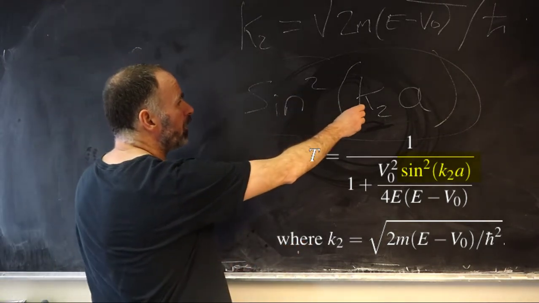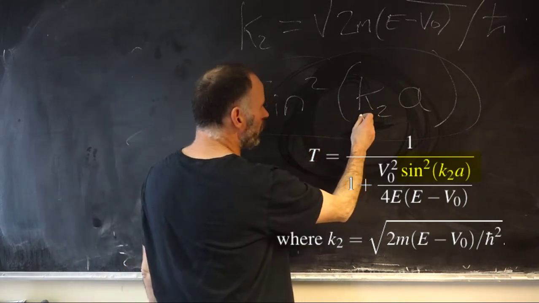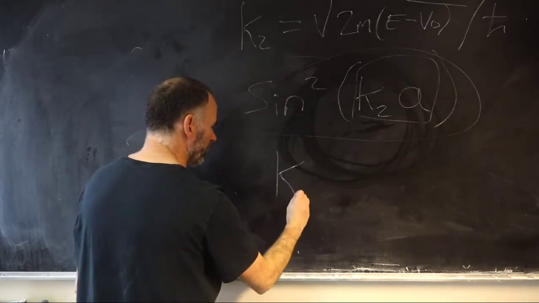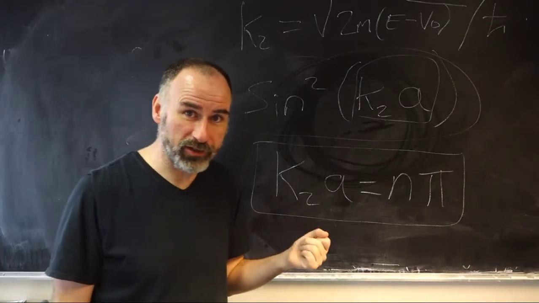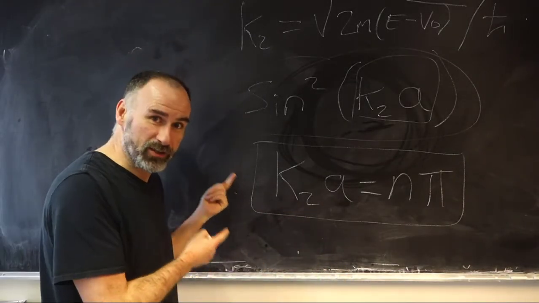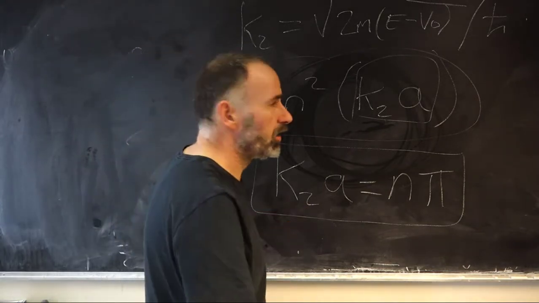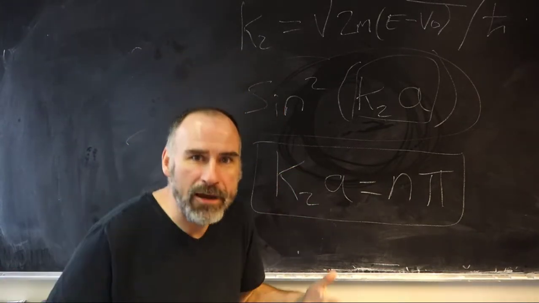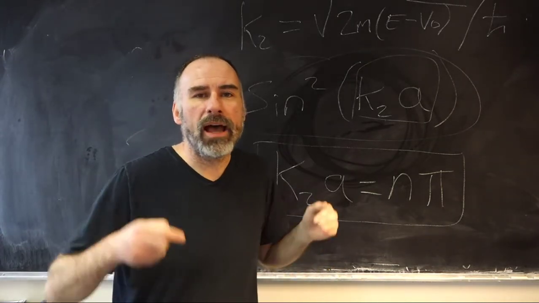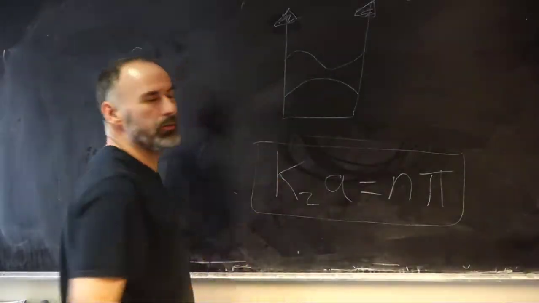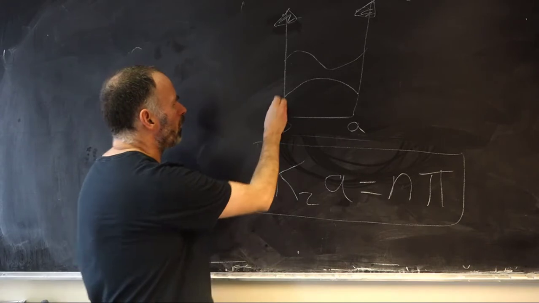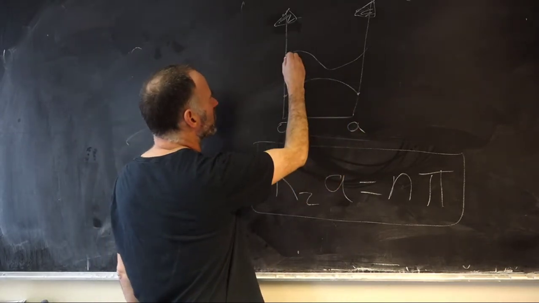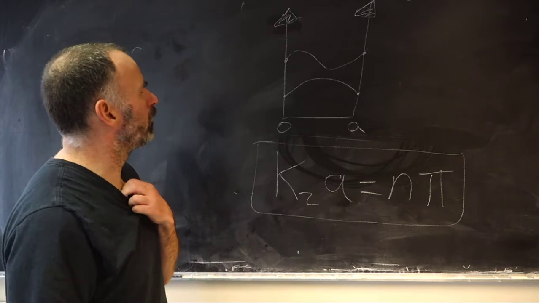And when will this go to 0? Well, it will go to 0 when this thing, and if you remember all the way back from Newton to Einstein last year, this is nothing less than the boundary conditions that we set up in the infinite potential well, whereby at the edges of the well, 0 and A, the wave function goes to 0.